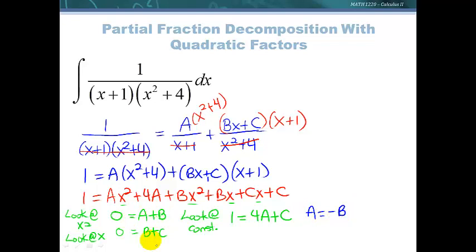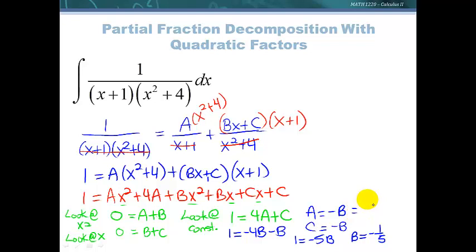As I look here, c would also equal negative b. So if I'm looking at this particular equation right here, I could substitute in for a and c, and I'd have 1 equal a is negative b, so that's negative 4b, and c is also negative b. So combining those, I would have 1 equal negative 5b, so b must be negative 1/5.